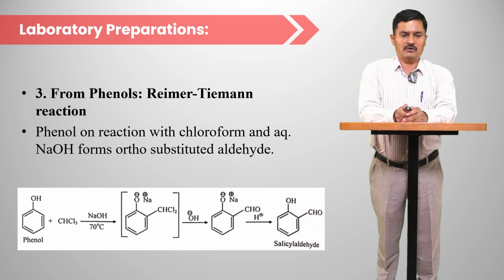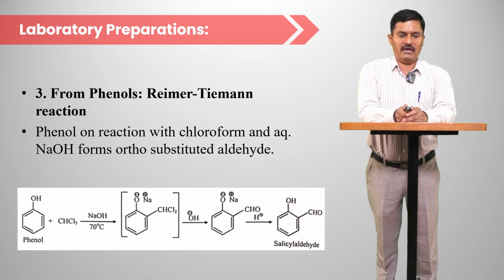Chloroform in the presence of NaOH first forms an unstable species, dichlorocarbene, in which chlorine atoms are replaced, and then it converts into the geminal hydroxide, which is converted into the aldehyde, and after hydrolysis gives salicylaldehyde.